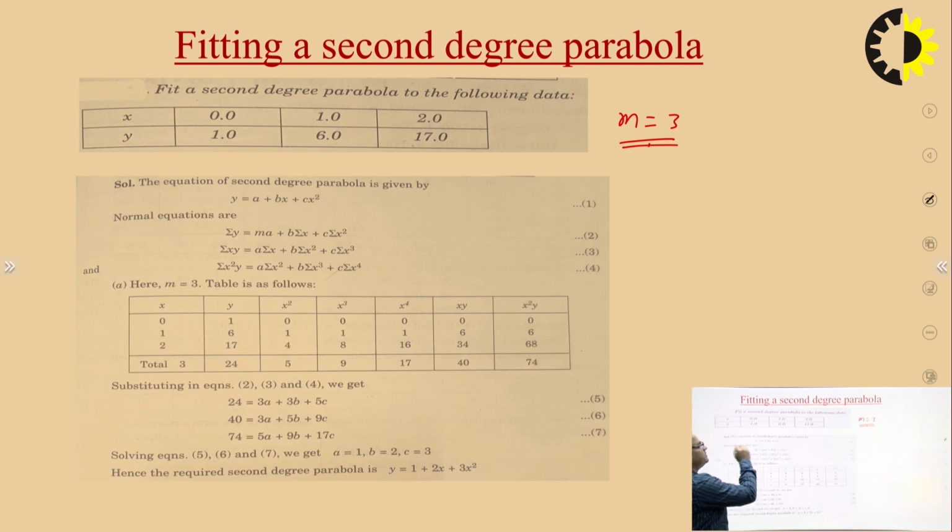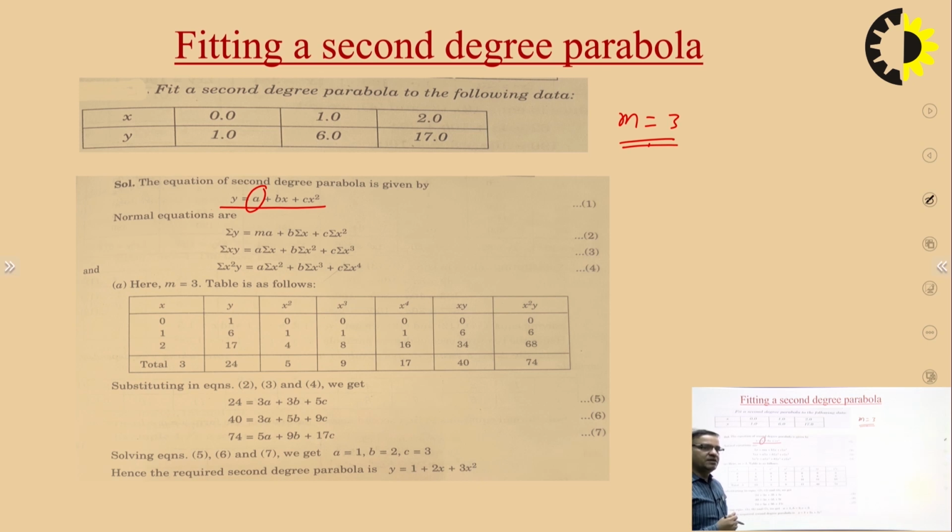Okay. So the equation of the second degree parabola is given by y is equal to a plus b x plus c x square, and the normal equations are, with reference of the first term, sigma y equal to m a plus b sigma x plus c sigma x square.